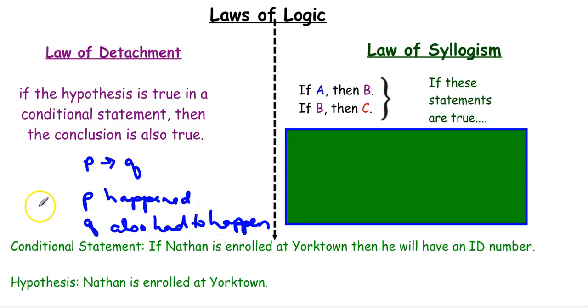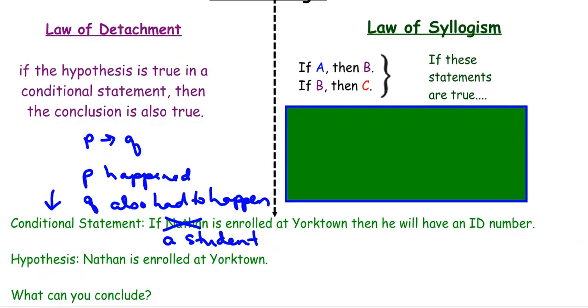If we look at this example, the conditional statement is, if Nathan is enrolled at Yorktown, then he will have an ID number. Let's make it a little more generic: if a student is enrolled at Yorktown, then he will have an ID number. Well, we're told Nathan is enrolled at Yorktown.